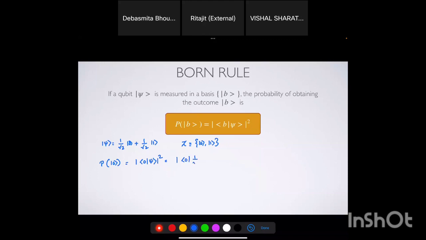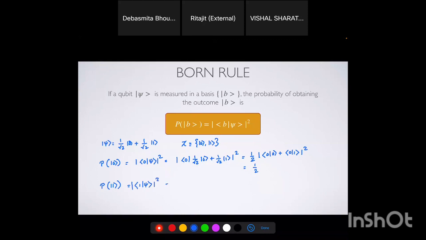This is |1 over root 2 ⟨0|0⟩ plus 1 over root 2 ⟨0|1⟩| squared. I can take the half out, and this is |⟨0|0⟩ plus ⟨0|1⟩| squared. We have already seen that the inner product of |0⟩ with |0⟩ is 1, and the inner product of |0⟩ with |1⟩ is 0. So the probability is half.